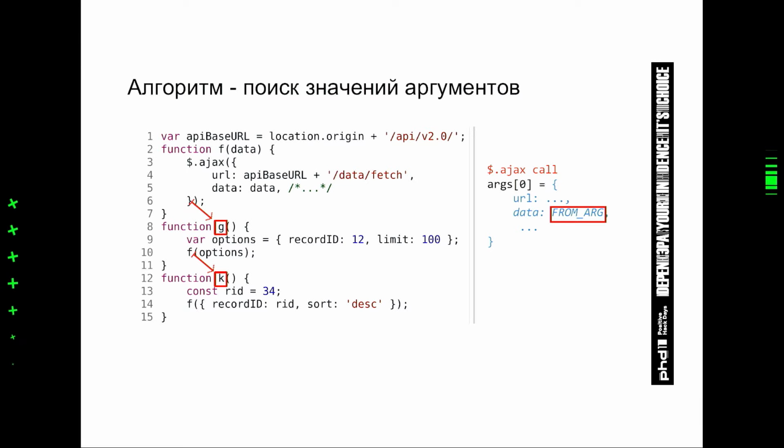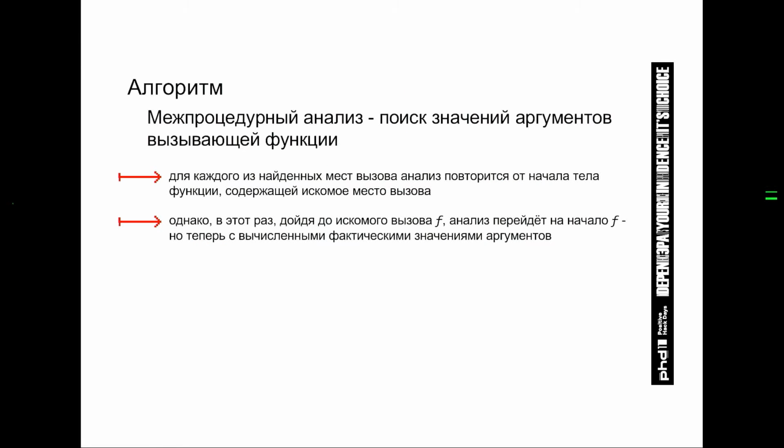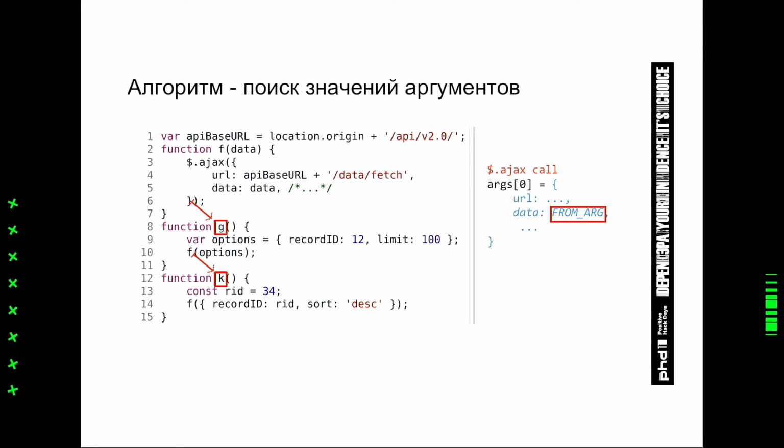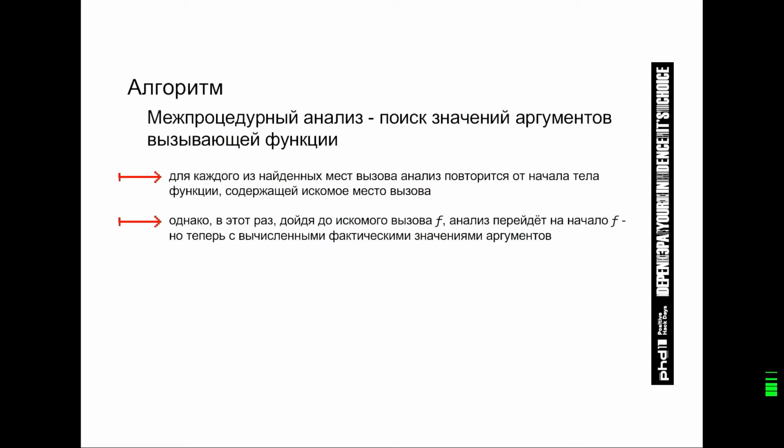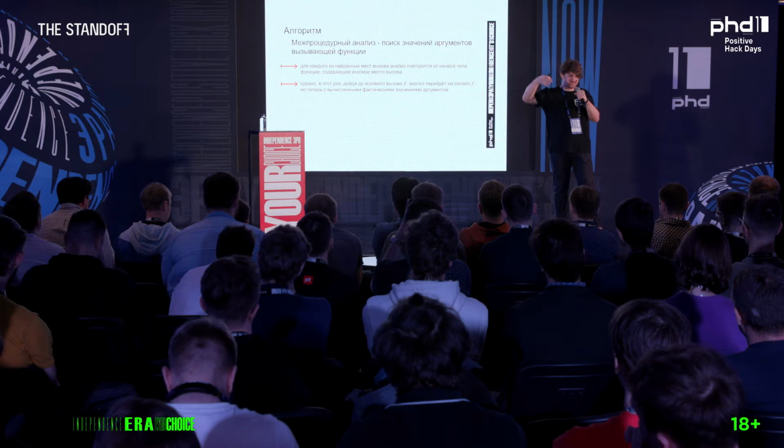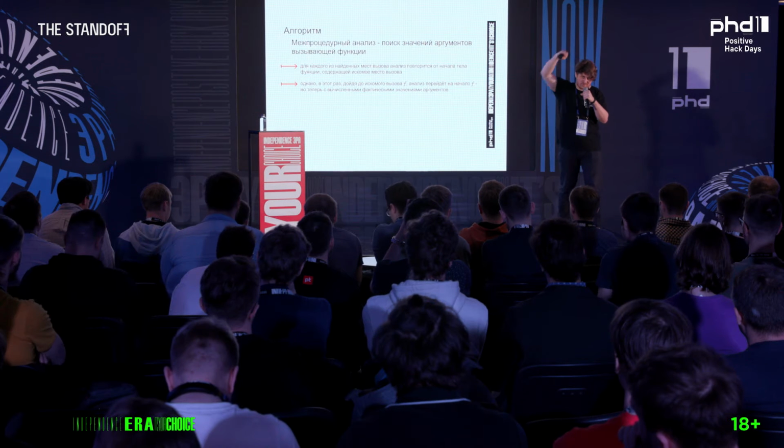And that's why it's not difficult for the analyzer to find J and K. Okay, what's next? Analysis is going to go from J and from K, and the moment we arrive at the call of interest, we're going to enter it. We're going to repeat our analysis from J and from K, and we're going to kind of model the function call.